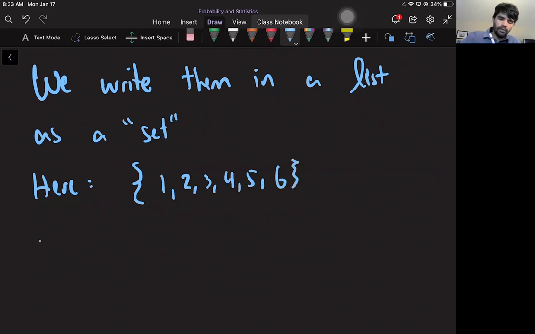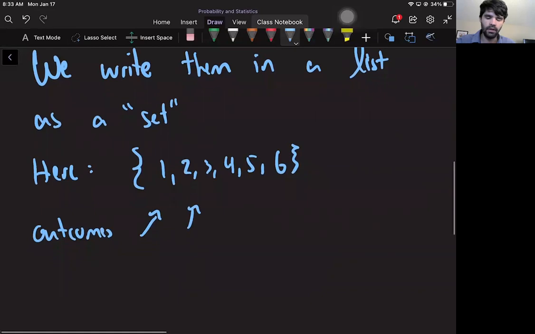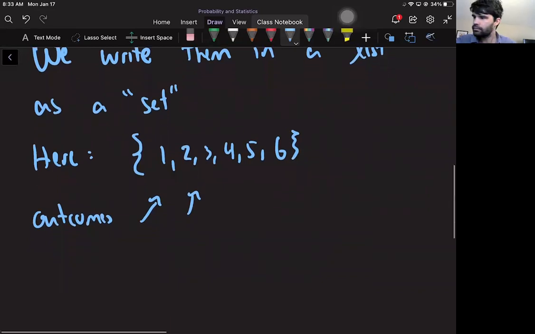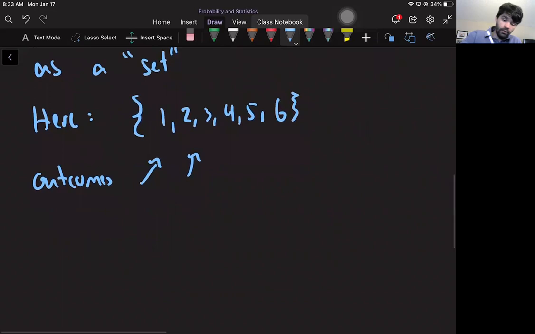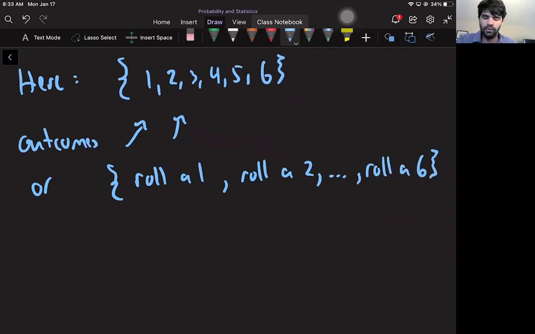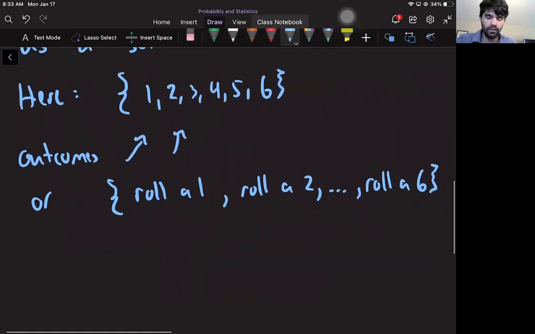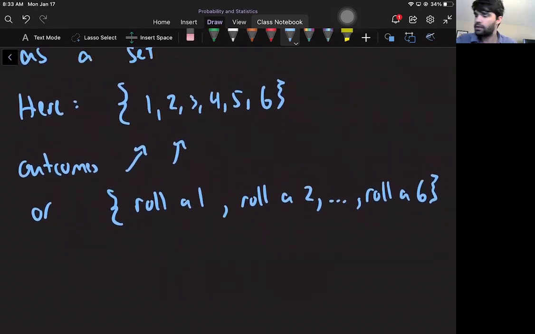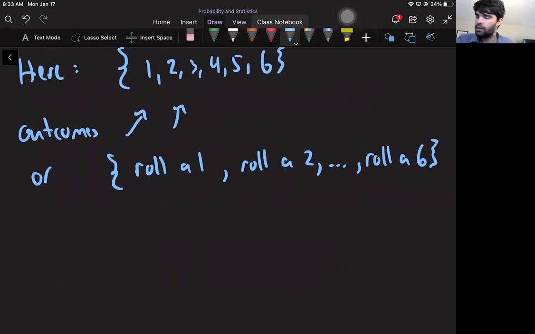So the outcomes are listed in the set, which means they're in curly braces. If you want it to be very wordy, you could write roll a 1, roll a 2, and so on, roll a 6. But it's understood that just by writing the numbers 1 through 6, you mean that the outcomes of the experiment are rolling a 1 through 6. So there's no need to write all these words.